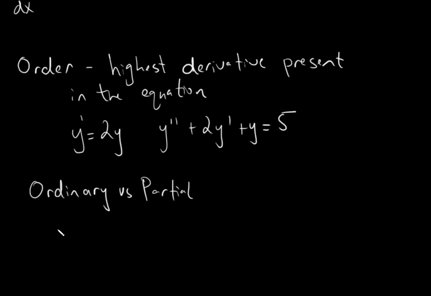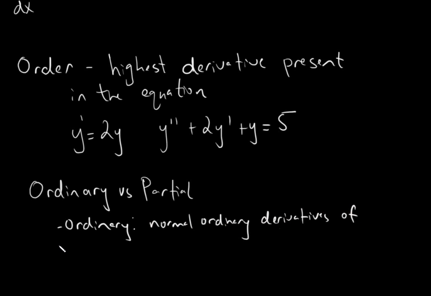Okay, so ordinary means it has normal ordinary derivatives of one or more dependent variables with respect to one independent variable.